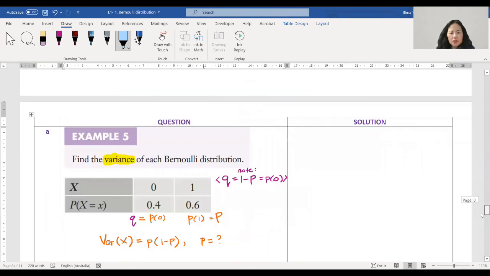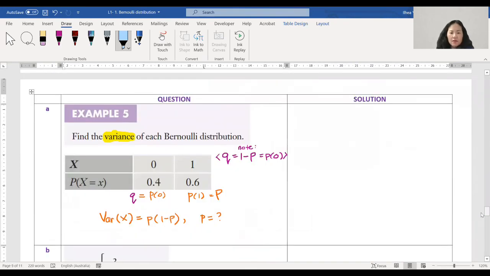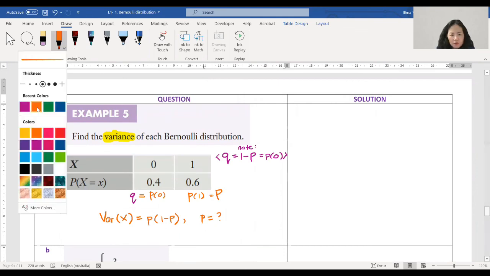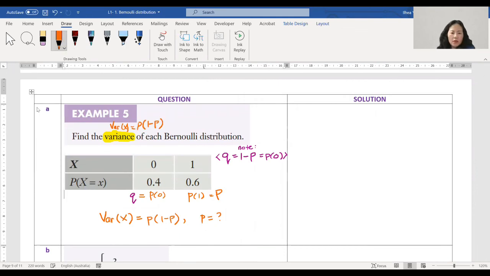Let's have a look at the question. Example 5, find the variance. Okay, so the formula was p brackets 1 minus p. That's what we're looking for. If we can find p, we can find the variance. So how are we going to find p? E of x is p, isn't it? And p is success, which is here, this one, which is 0.6.